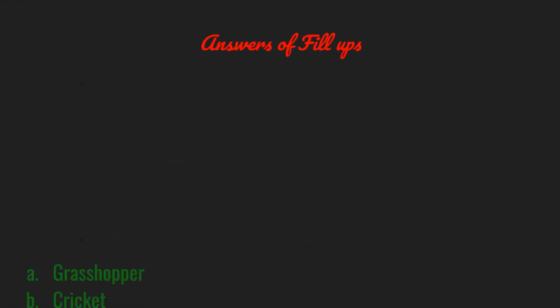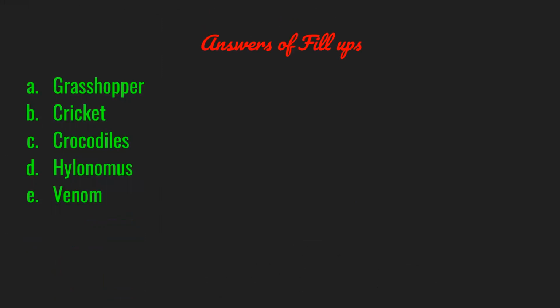Answers of fill in the blanks are here. Number 1, grasshopper can leap 20 times the height of its body. And number 2 answer is cricket. Number 3, crocodile. The crocodile is the largest and its length is up to 19 feet.